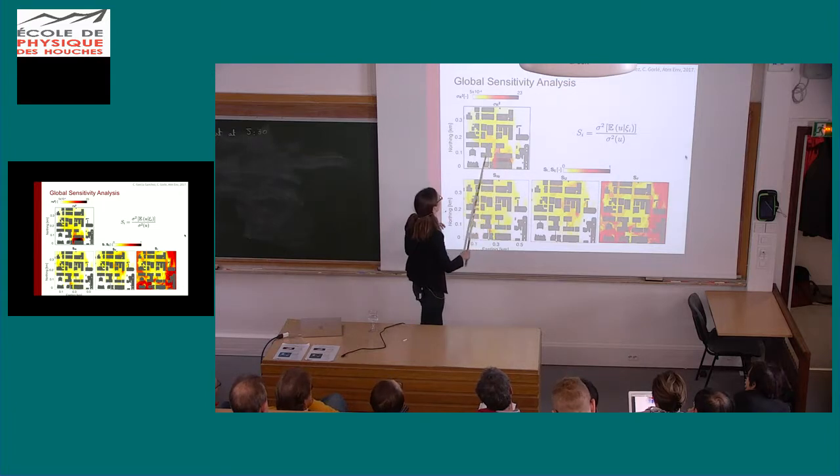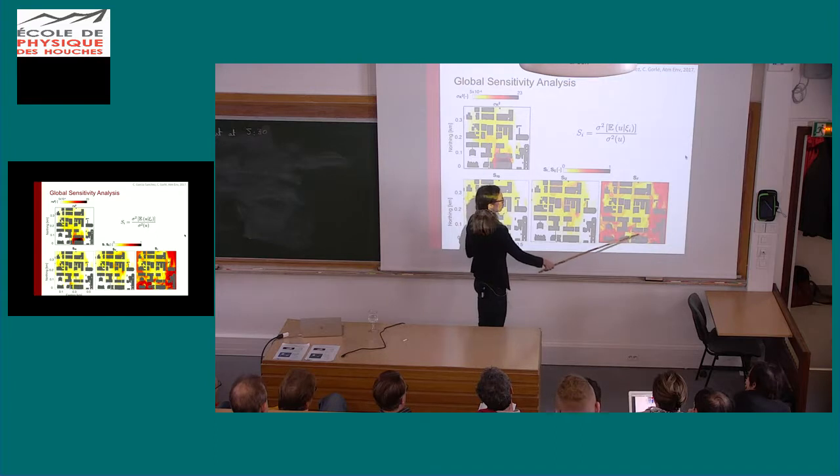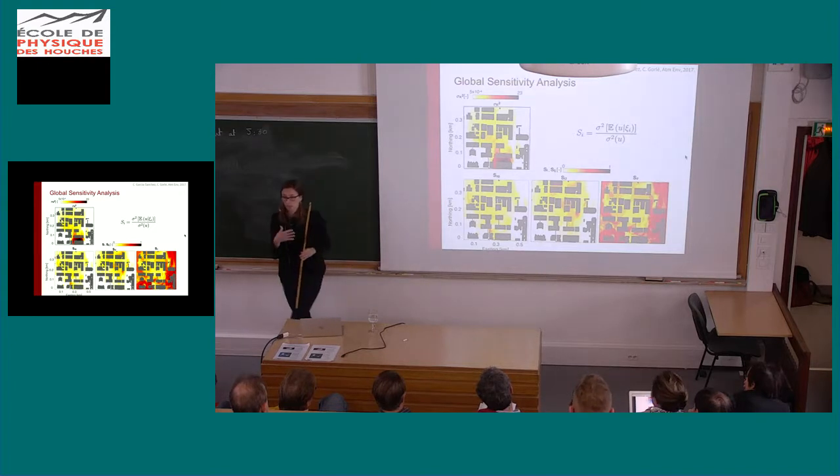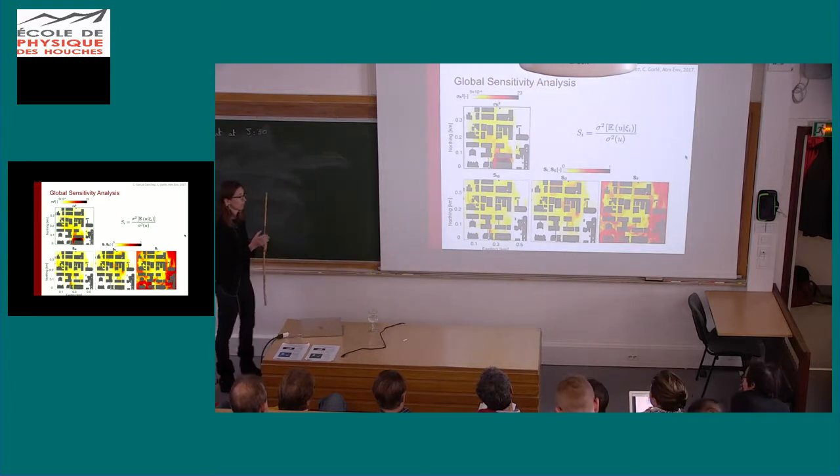However, if we look at the regions of the larger variance here, we see that most of that is caused by the inflow wind direction. And that makes a lot of sense, right? Because we have this large-scale meandering in the flow that you see. And that might determine whether the flow in a street canyon is going to the right or to the left. So when I do my deterministic simulation, I get one flow solution, and the pollutant is going to go right or left. And if it's wrong, I will completely miss what was measured in the experiment.